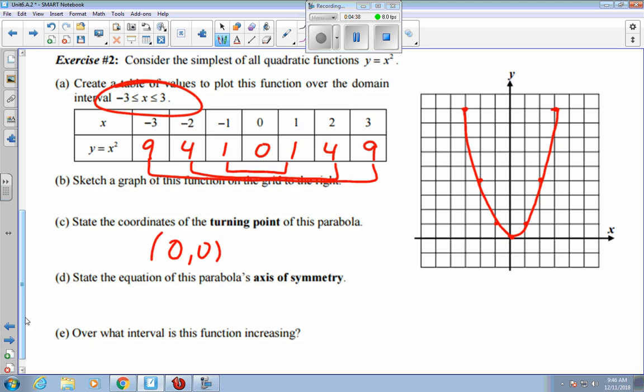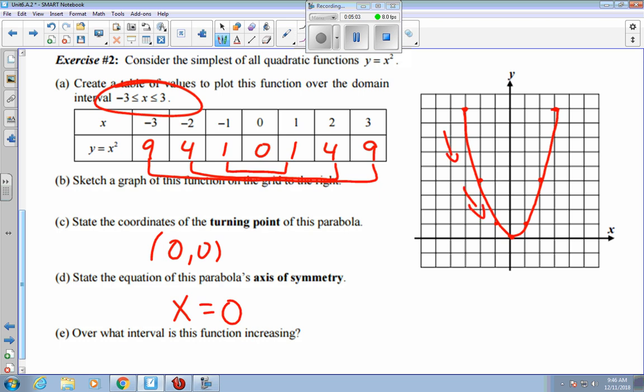State the equation of this parabola's axis of symmetry. The axis of symmetry is the x value of the turning point. So you just simply say whatever x equals at the turning point. X equals 0. Over what interval is this function increasing? So you always read it from left to right. So left to right, this is going down, down, down.